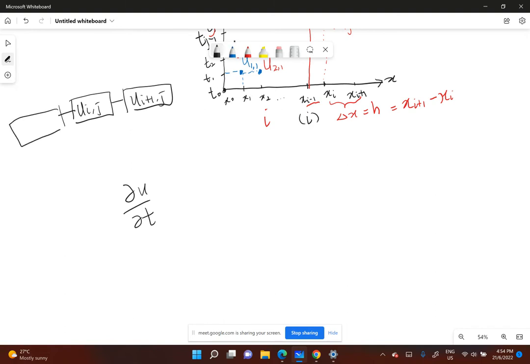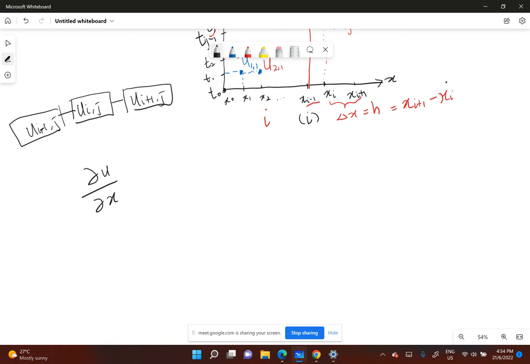This one is UI minus 1J. So sorry, yang ni is T. Yang ni kejap saya tukar. Saya ambil X. Okay, saya ambil del U del X, sebab X, yang ni adalah paksi X.